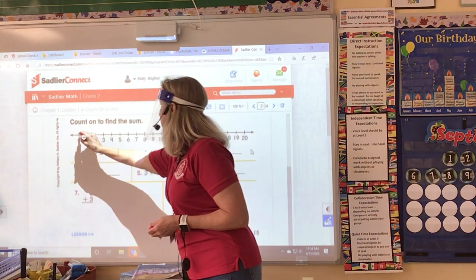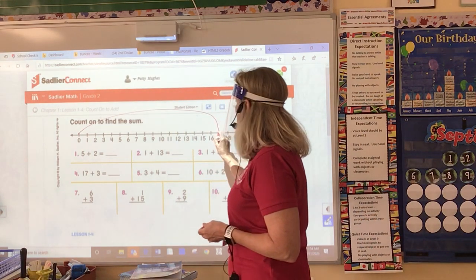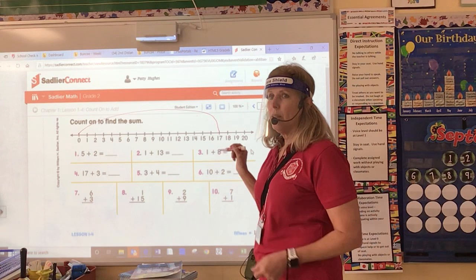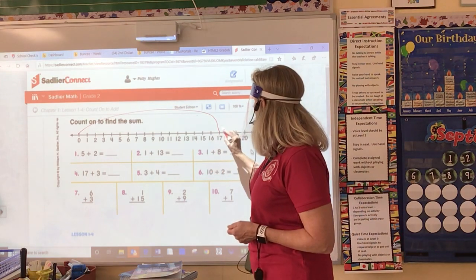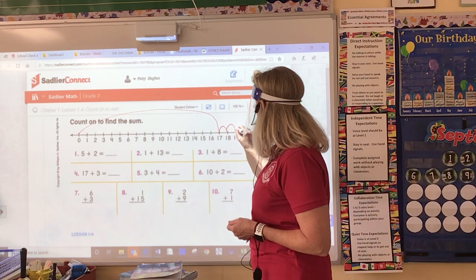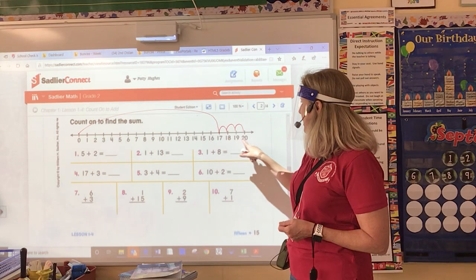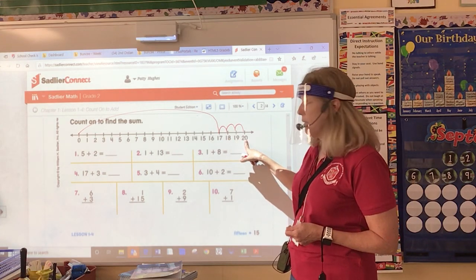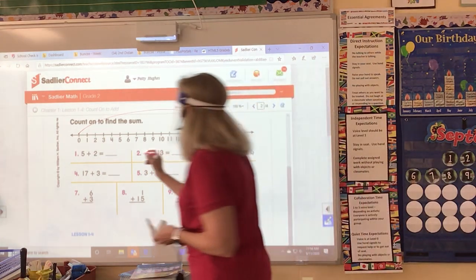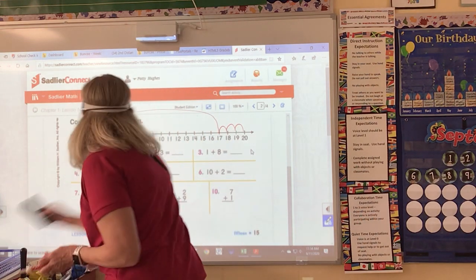So I'm going to start at 17, and then what am I going to do? Count on 3 more. I loved how you used count on. So 1, 2, 3. So 17 plus 3 equals 20. Very good. Okay, let's try another one.